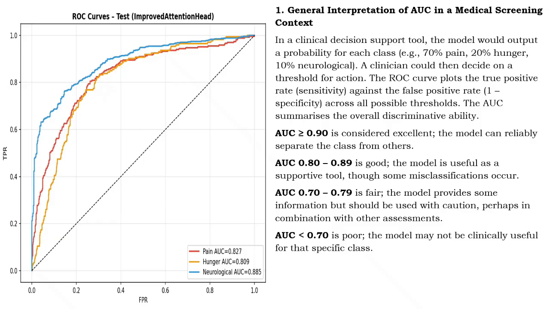ROC plots the true positive rate, sensitivity, against the false positive rate, which is one minus specificity, across the possible thresholds. AUC summarizes the overall discrimination ability. An AUC greater than 90 is considered excellent, 80 to 89 is good, 70 to 79 is fair, and less than 70 is poor.